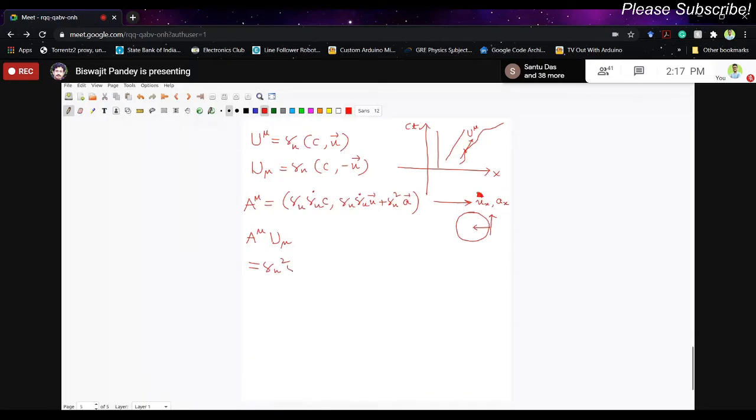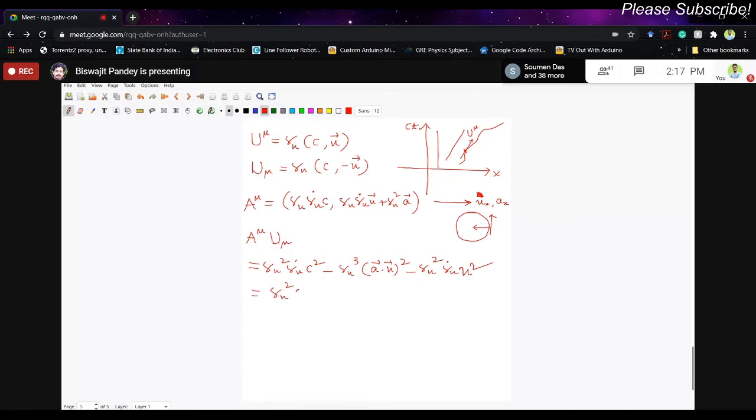So this will be γ_u squared γ_u dot c squared, minus γ_u cubed into (a·u) whole squared, minus γ_u squared γ_u dot into u squared.